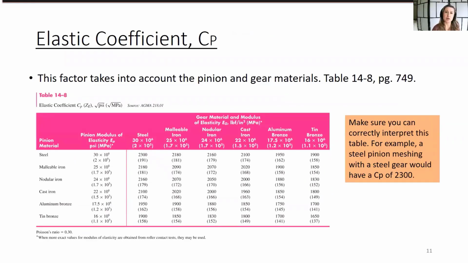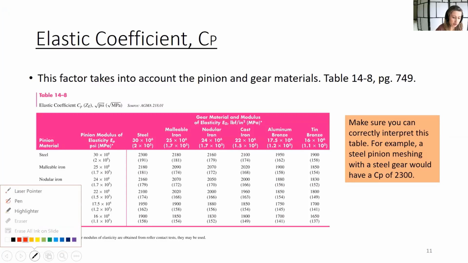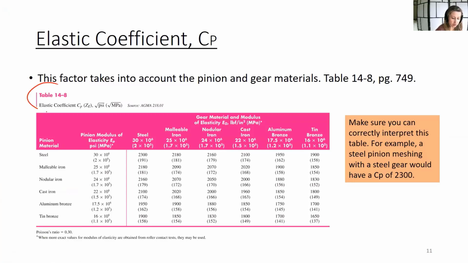All right, let's start going through some of these coefficients in the contact stress equation. The elastic coefficient is a factor that takes into account the pinion and the gear materials. Again, this is one of the situations where you could insert an equation which uses Poisson's ratio and the moduli of elasticity, or just use the table. I recommend this table. Just make sure you know how to interpret it.